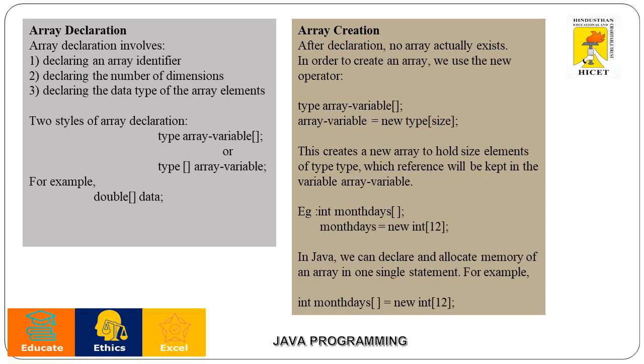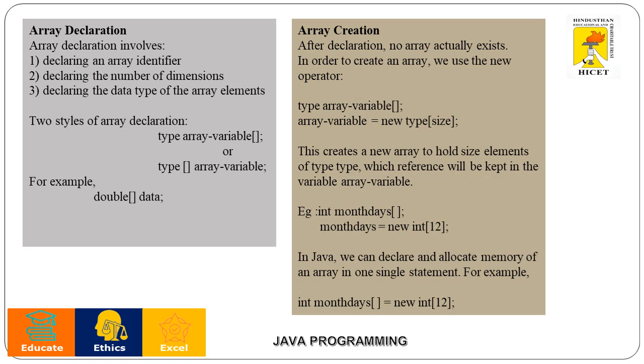In the example, the first line is the array declaration statement, and then the second line is the array creation statement. This creates a new array to hold size elements of type, whose reference will be kept in the array variable.